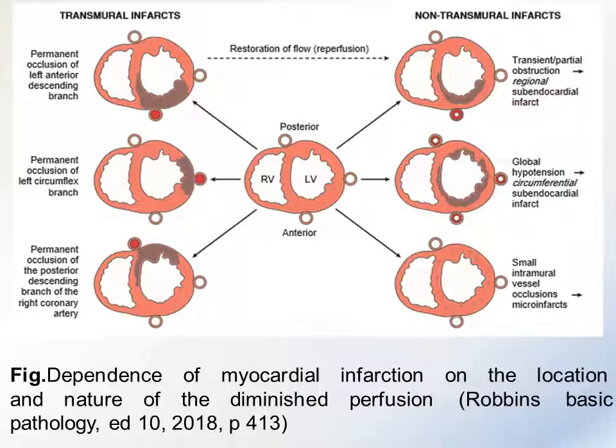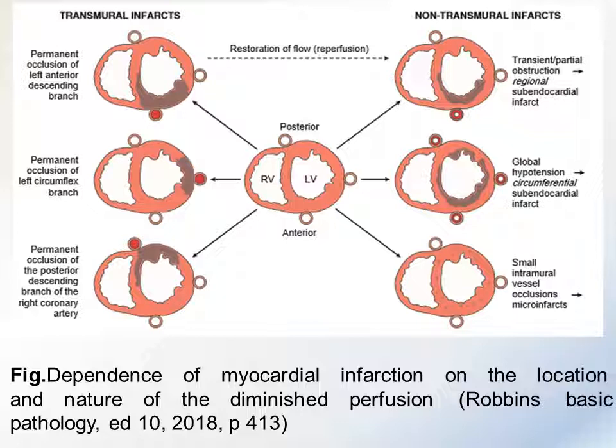This figure shows the dependence of myocardial infarction on the location and nature of the diminished perfusion. On the left, patterns of transmural infarction result from major coronary artery occlusion, including the left anterior descending branch, left circumflex branch, and the posterior descending branch of the right coronary artery.